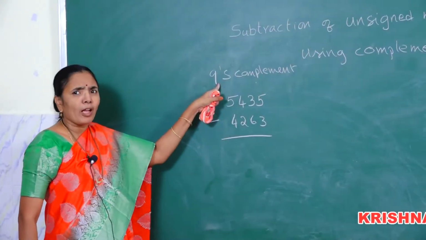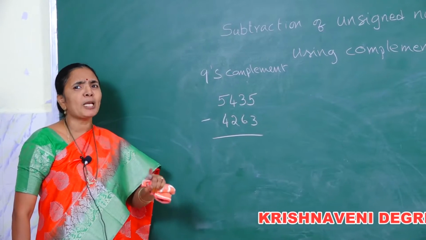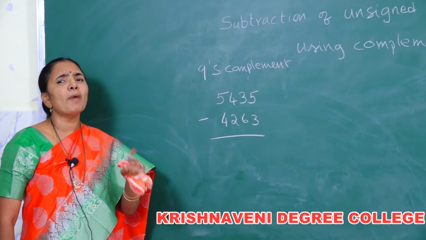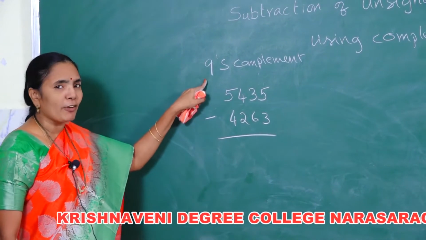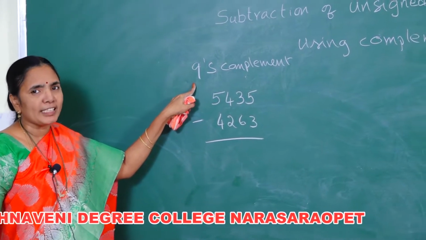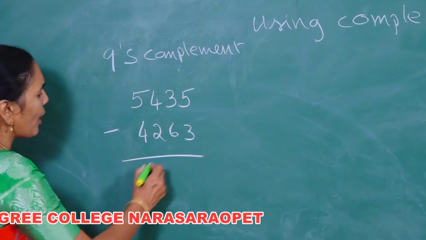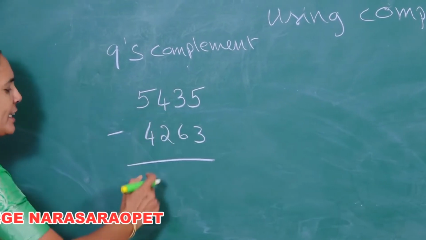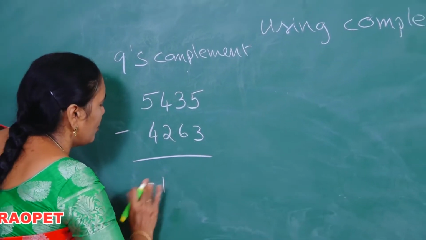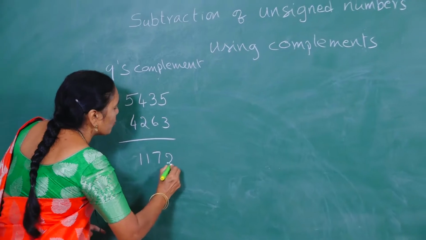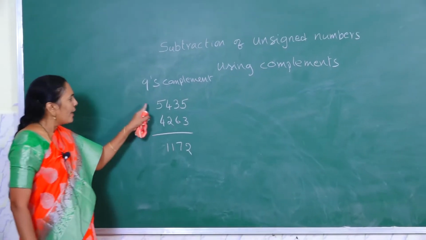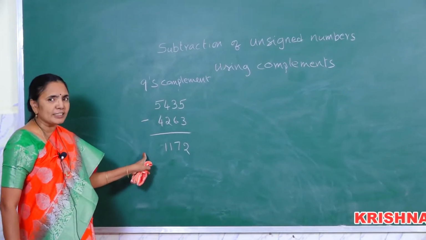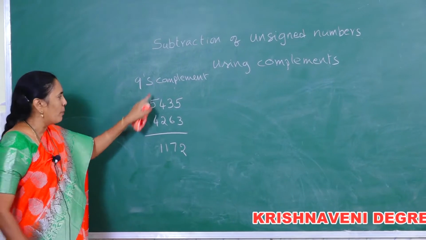Now let us see how you will perform the same subtraction using r minus 1's complement, which is nothing but your 9's complement of the decimal number. So from the previous calculation, we have seen that the answer is 1172. So now let us see how you are going to get the answer by using 9's complement.